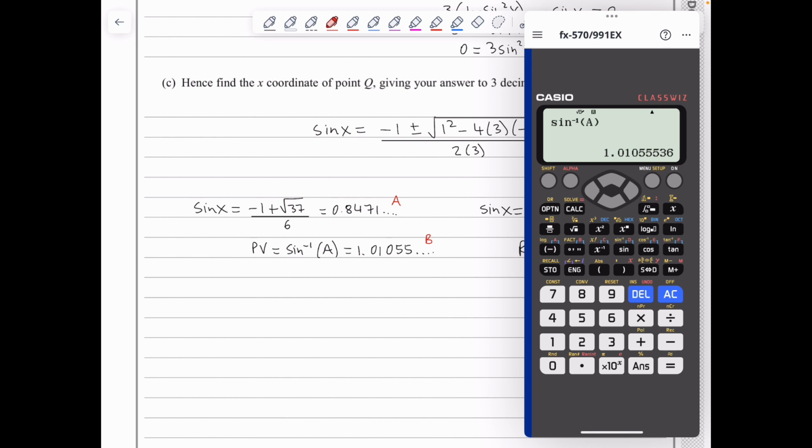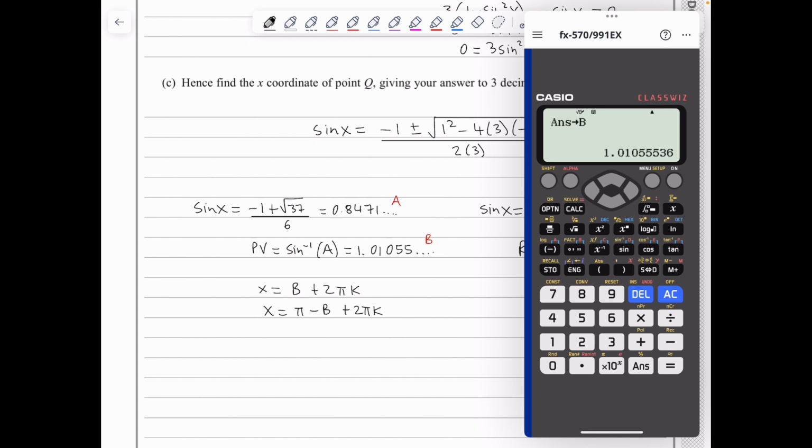When we are solving a trigonometric equation involving sine, the solutions are given by the PV, which is B plus 2 pi k, or pi minus the PV plus 2 pi k.